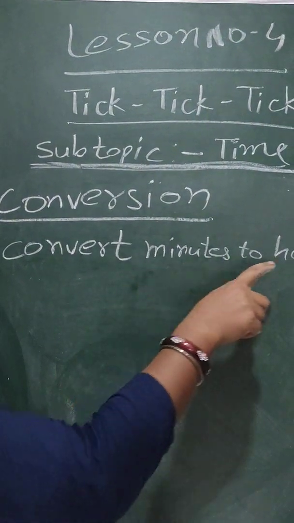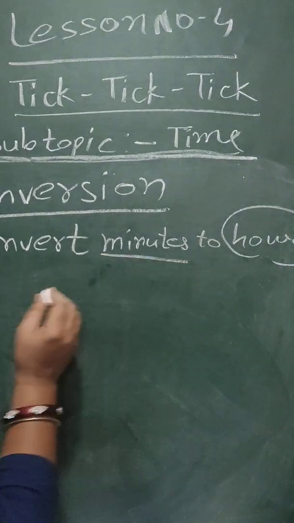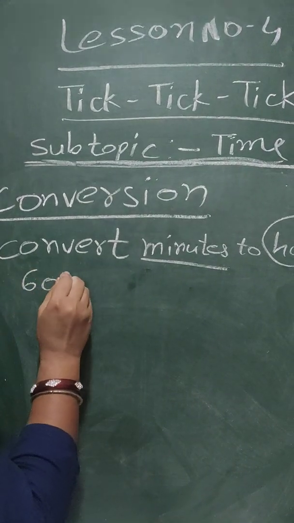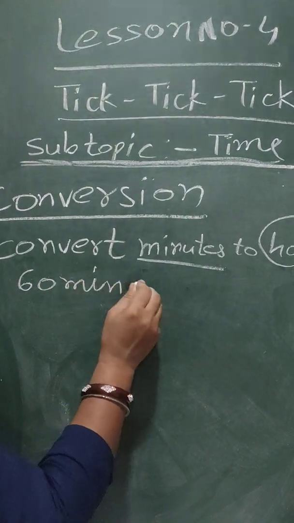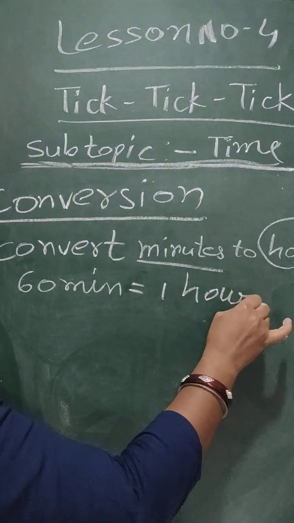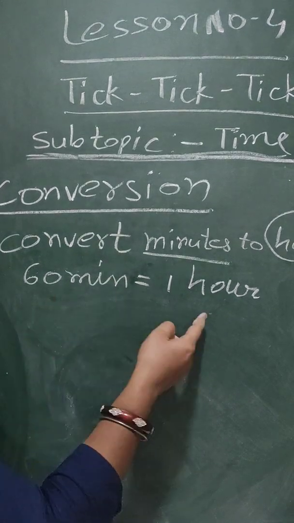Here what are we converting? Hours. Means minutes to hours. So how many minutes equal 1 hour? Remember this, 60 minutes equal 1 hour. Means 1 hour equals 60 minutes, 60 minutes equals 1 hour.